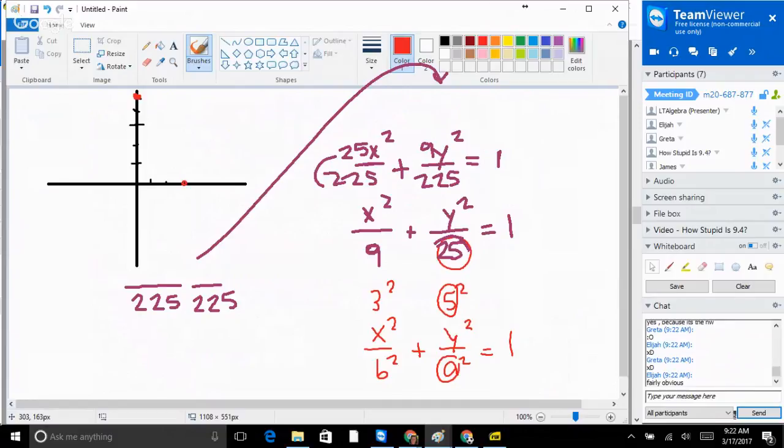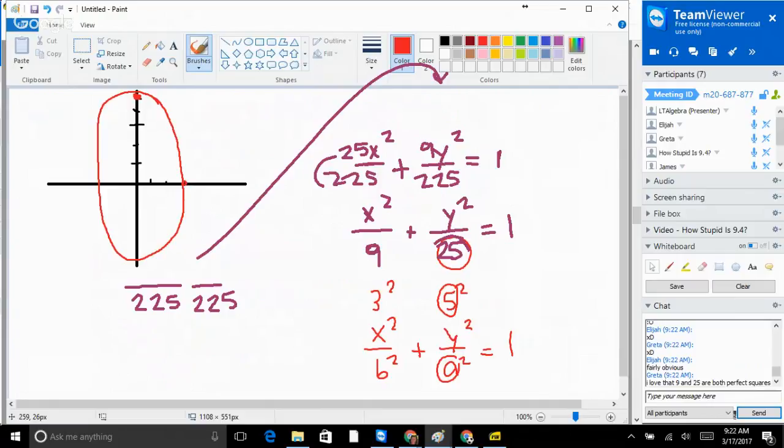It's right here. So if I go to graph this, my egg, it's in time for Easter, should look something like that, right? I know, I do too, Greta. Greta said she liked that 9 and 25 were perfect squares.